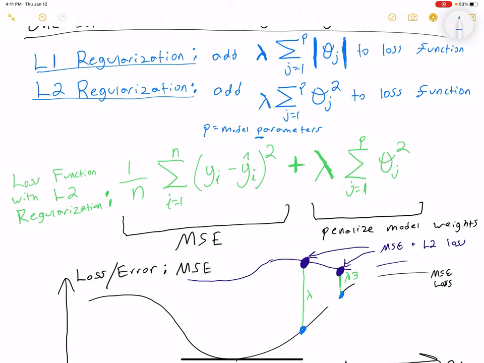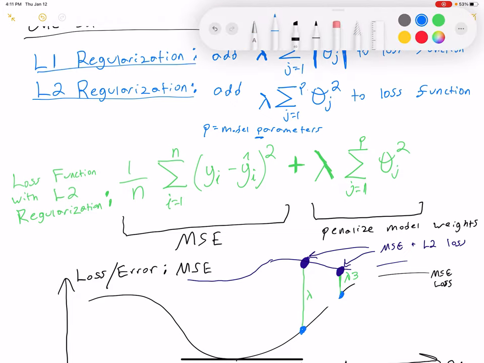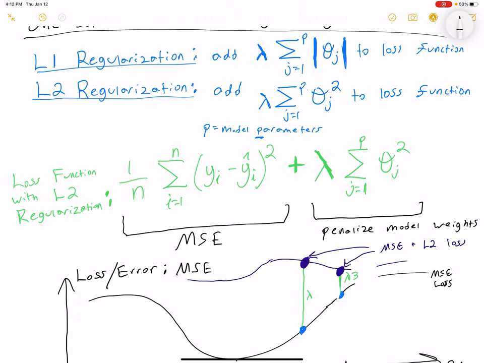I have a question about using the word penalize. When you're saying penalizing the model weights, I'm a little confused why we are adding the term and it's getting higher up, away from the loss curve. Because when you use the word penalize, I would imagine it coming down, below the curve. Great question.